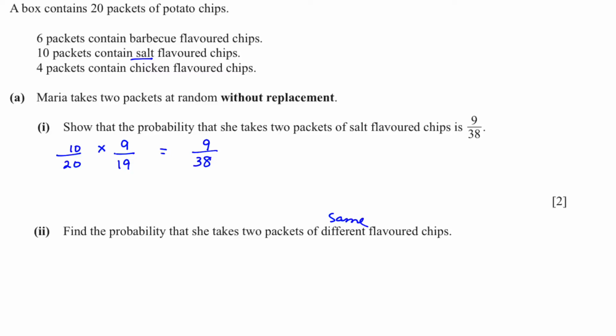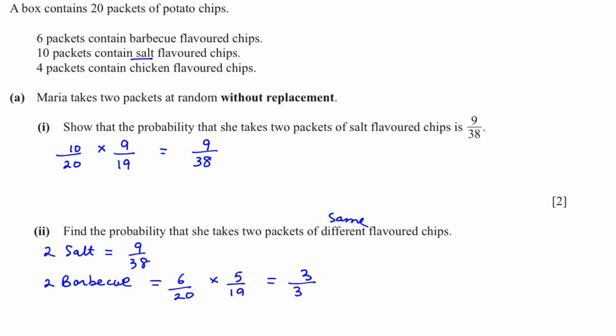The salt we already found. 2 salt flavored is 9/38. And 2 barbecue flavored will be 6/20 times, and we do the same as we did before, 5/19. We subtract 1 from the numerator and the denominator. This will give us 3/38.